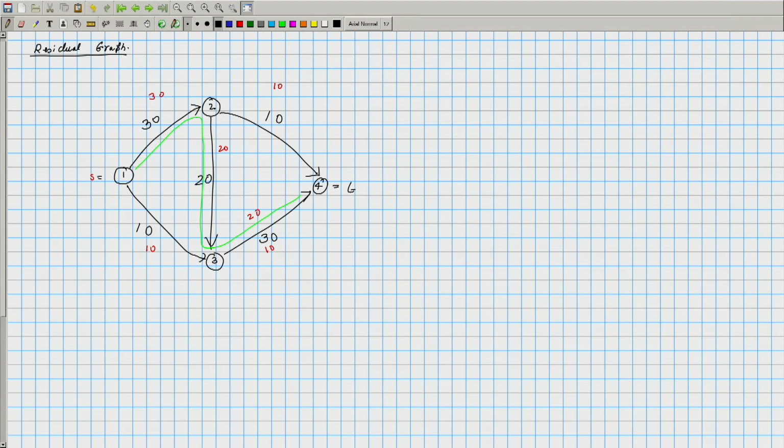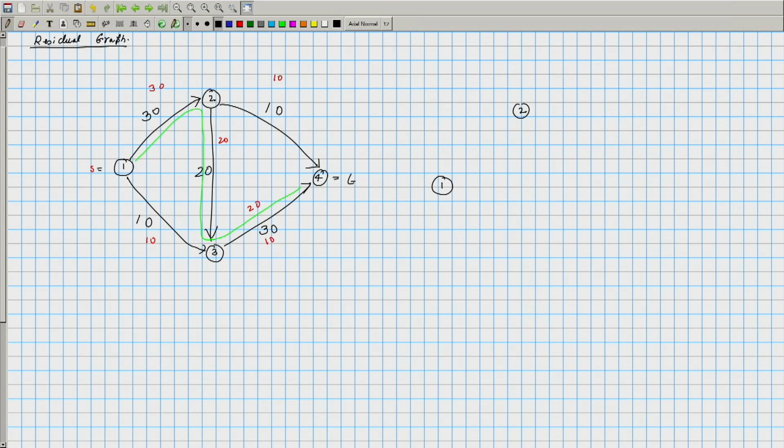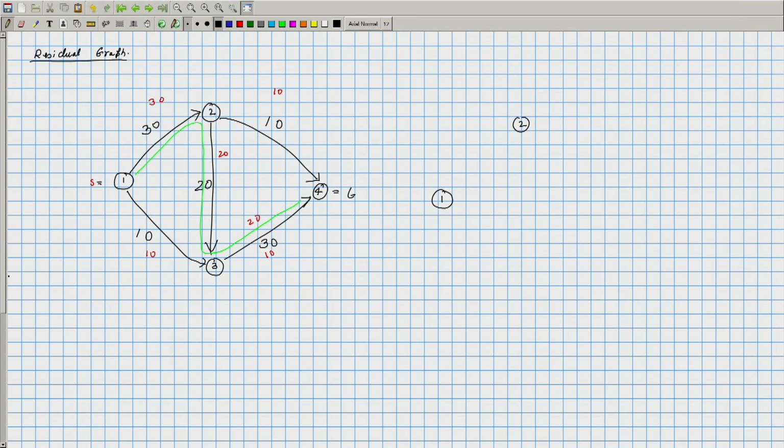Let us look at this case where we were only sending 20 units of flow from 1 to 4 using the green edges. In that case, we will have a residual graph. We will define the concept of the residual graph. It will look something like this. If you look at the 1 2 edge, there were already 20 units flowing through it, so we can reverse that.